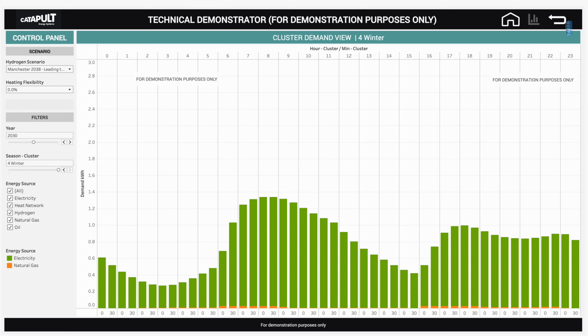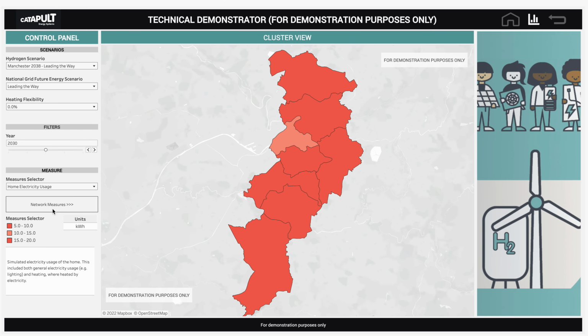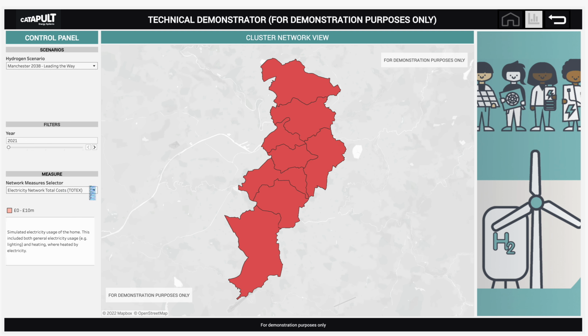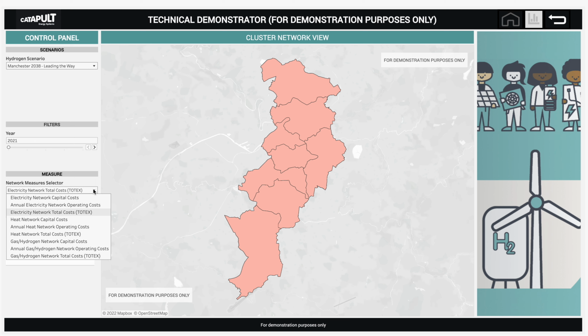We can go back now to the main view, just to show you some of the other cost measurements as well. This is at a network level, so let's put the dial back to the beginning. Now we've got TOTEX here for the electricity network. We've also got the heat network, we've got gas hydrogen network as well, and we've got capital, operating and TOTEX.